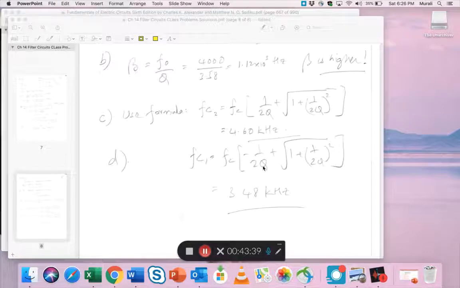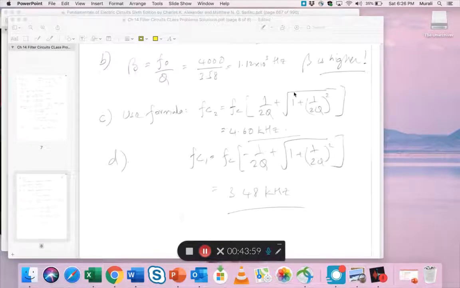I think with this we pretty much finish all of the filters business, the 4 different types of filters in chapter 14, meaning passive filters, right? So I hope you have a good sense of all the concepts and the ideas and the number of formulas.